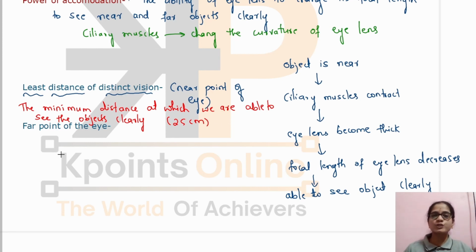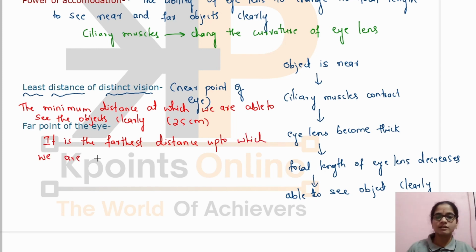Also, the far point of the eye is the farthest distance up to which we are able to see the objects clearly. What do we mean by far point of the eye? It is the farthest distance to which we are able to see the objects clearly.